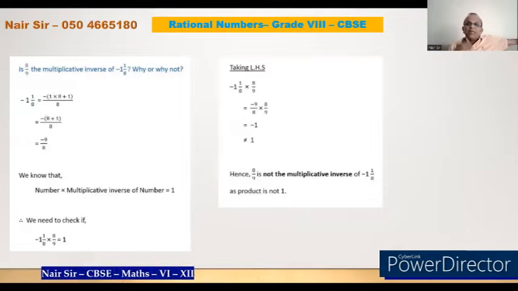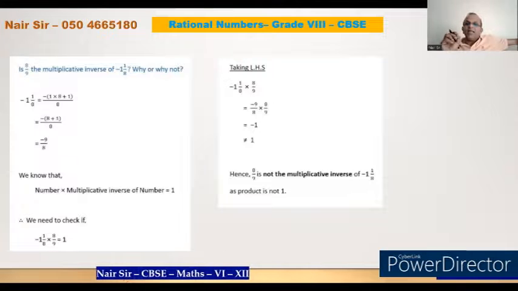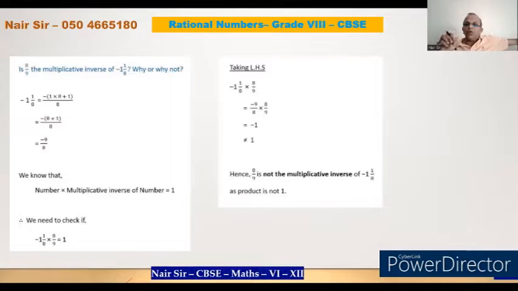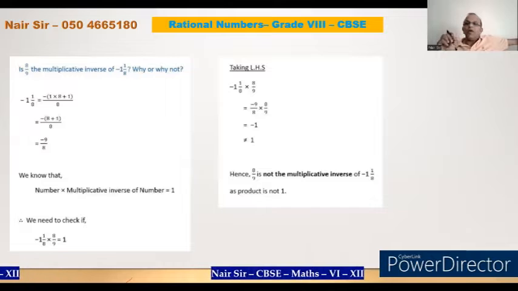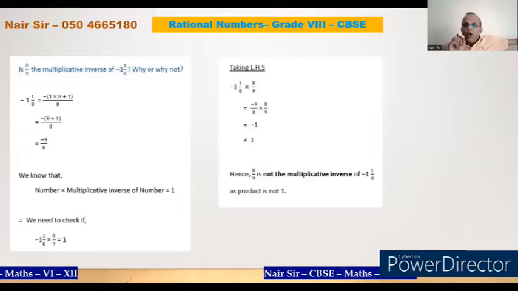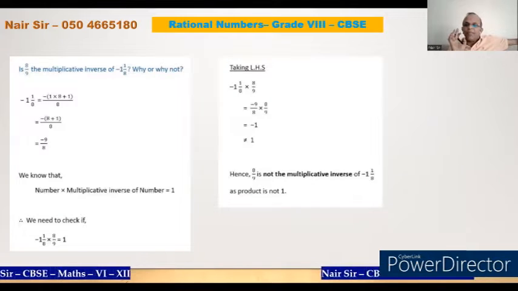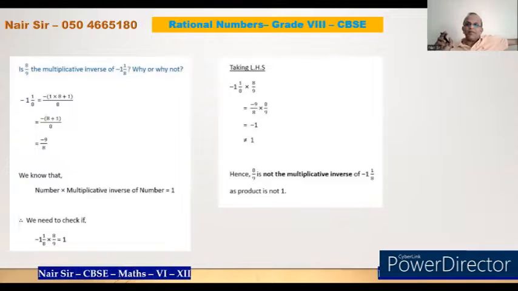You have to explain. Hence, 8 upon 9 is not the multiplicative inverse of minus 1 whole 1 upon 8, as the product is not 1. You have to write this complete answer. I have seen a lot of students just finishing at minus 1 and writing it's not. No, you have to describe it.